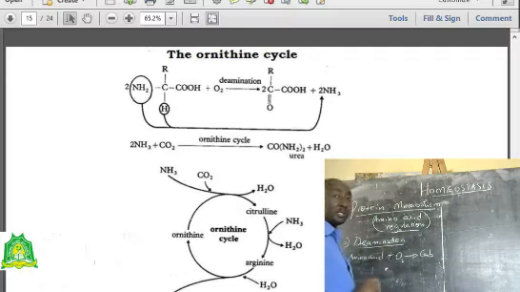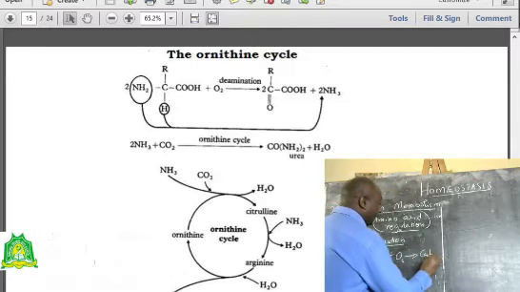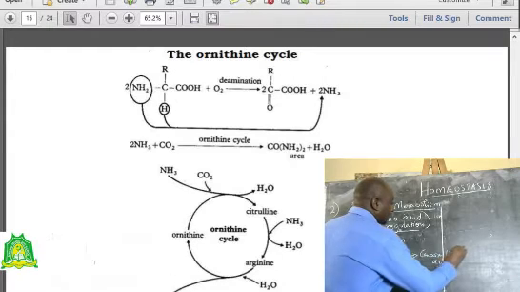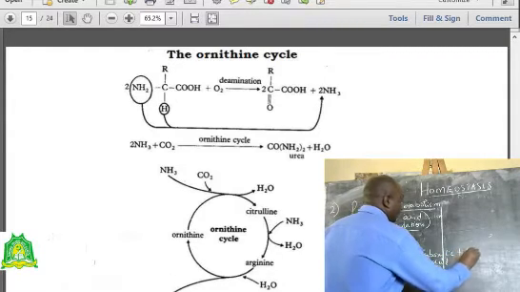Let us first write it in words for our better understanding: carboxylic acid, and then plus ammonia.